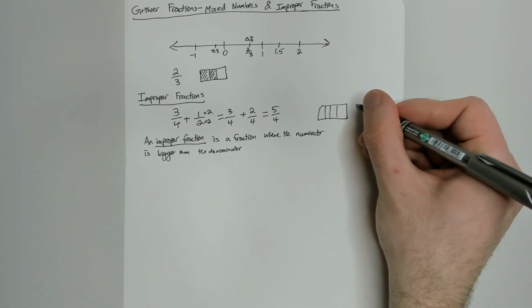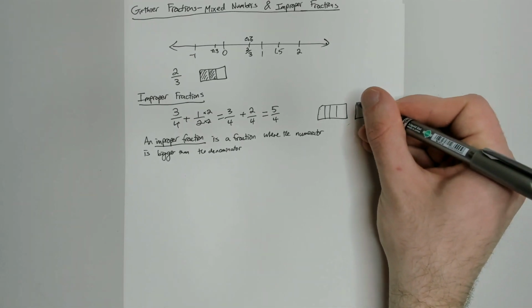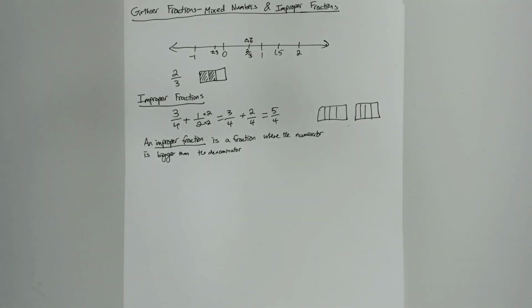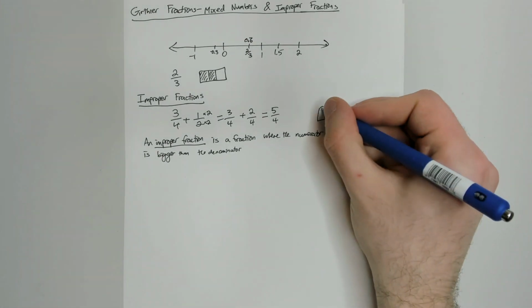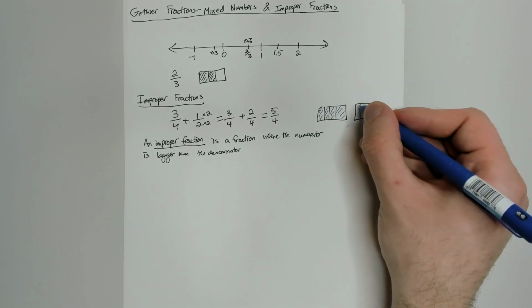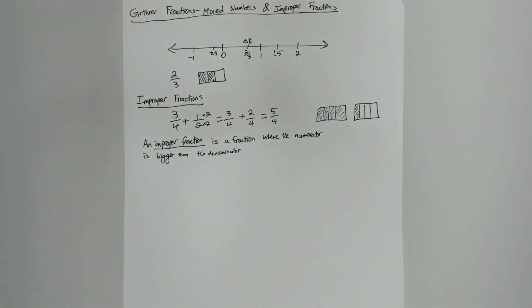Well, what we're going to do is, what if we take another rectangle here, split it into 4 pieces as well, and now we can shade in 5 pieces, right? 1, 2, 3, 4. That's the first rectangle filled up, but then we can shade in 1 more piece, and that gives us 5. And now you might start to see why this actually will allow us to go beyond 1, right?